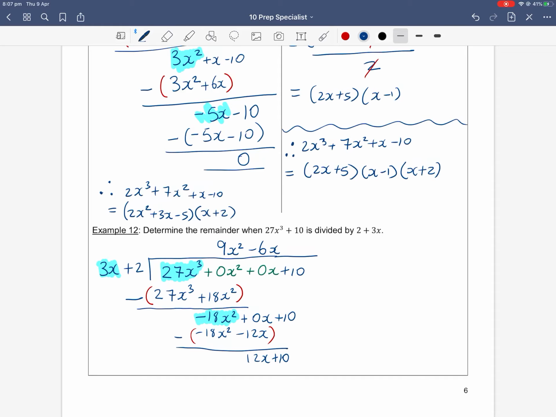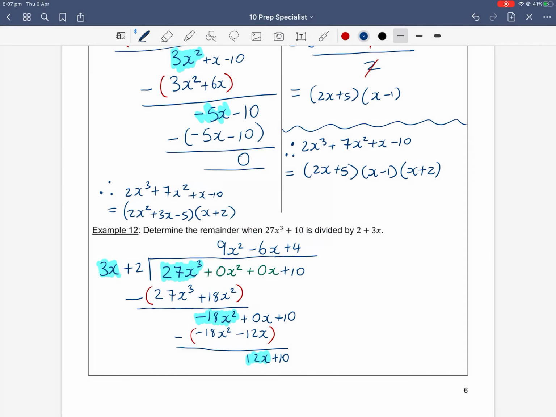So one more. 3x times what gives me 12x, because 12x is the highest power of my temporary remainder. 3 times 4 is 12, so plus 4. Again, see how I've aligned the placeholders for your powers of x.